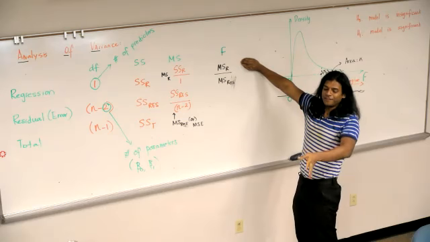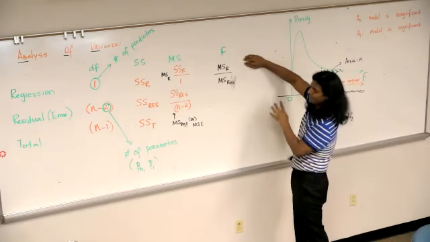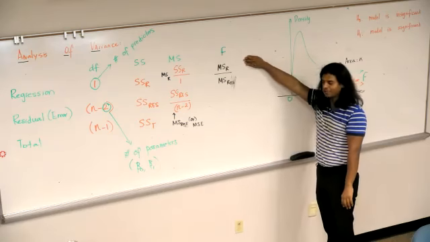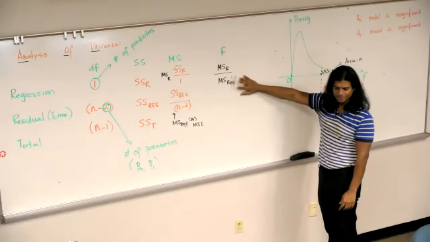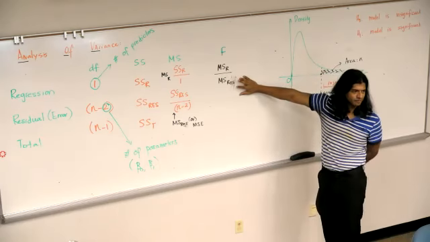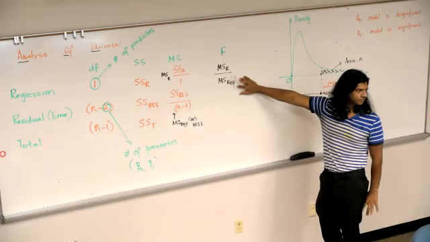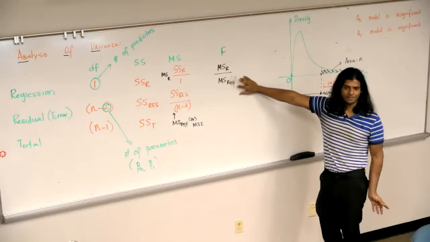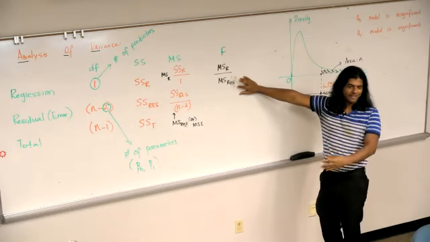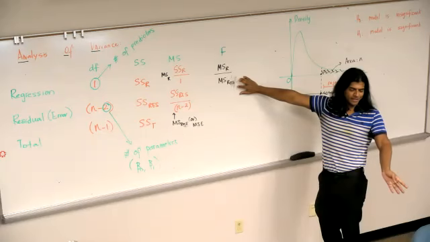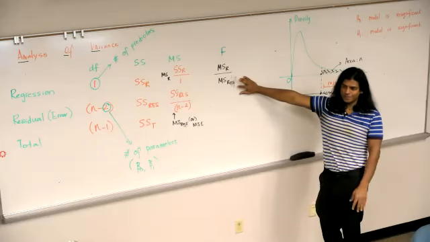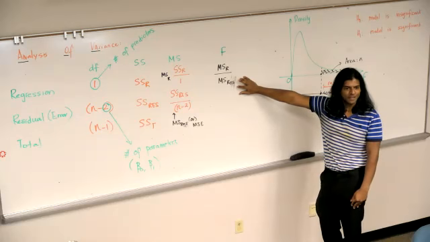Okay, 2.771 in the numerator. Denominator, say you have 99.82. So 2.77 divided by 99.82 is somewhere close to 0.02.